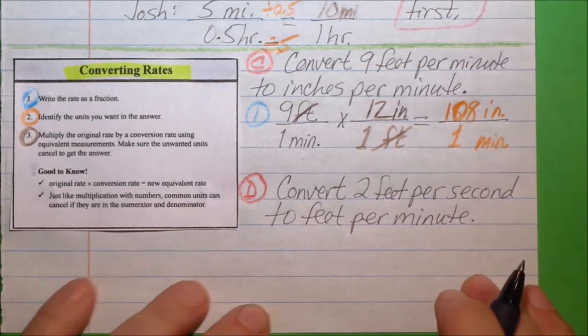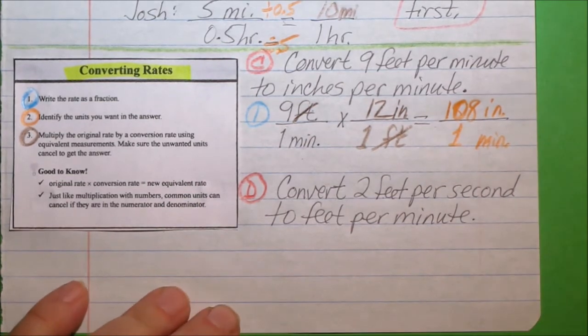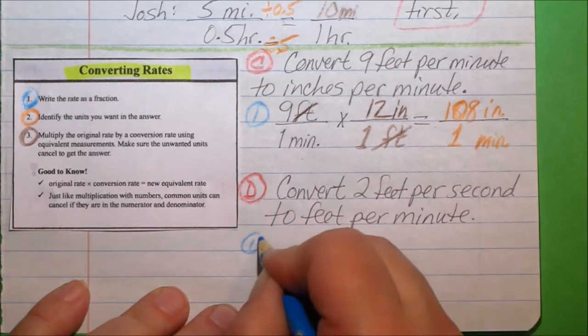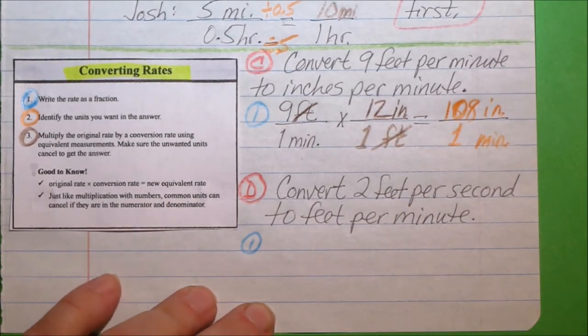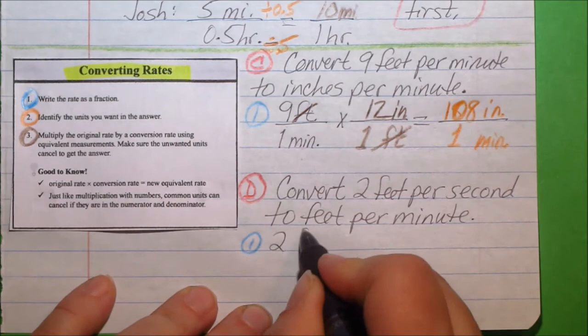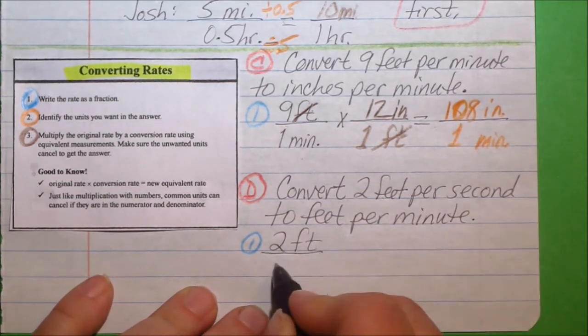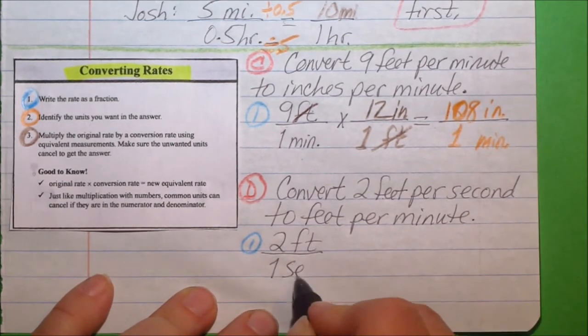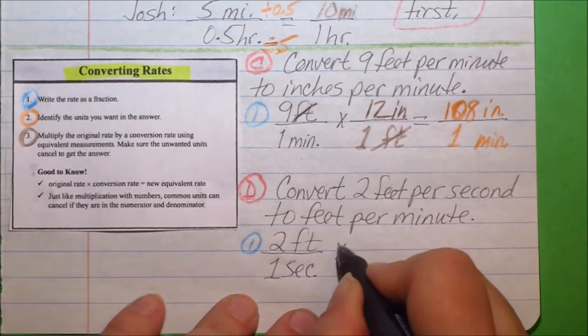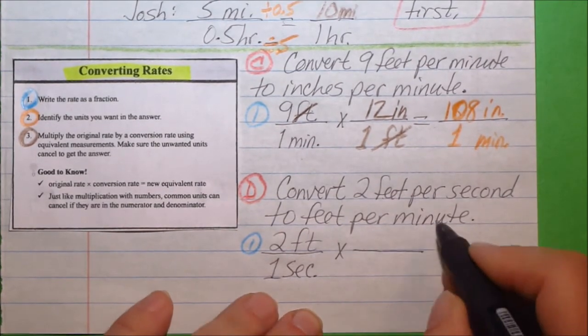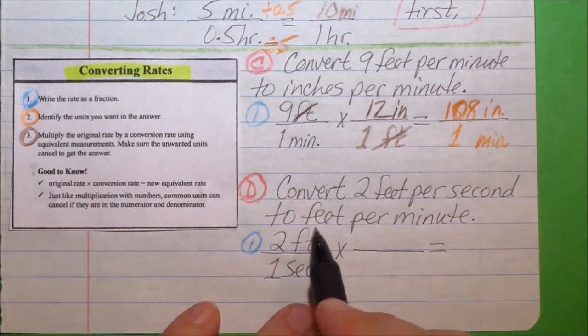All right? Okay, so step 1, we set up the original rate, 2 feet per second. All right? So that's going to be 2 feet per 1 second. All right? Now, we got to multiply that by something to get us to our new rate, the feet per minute.